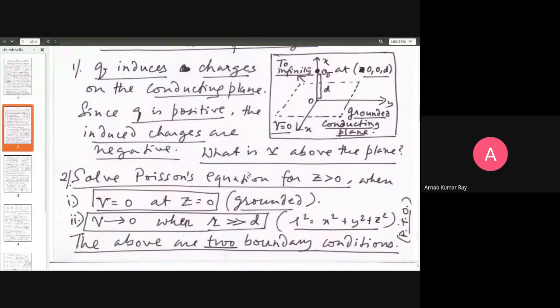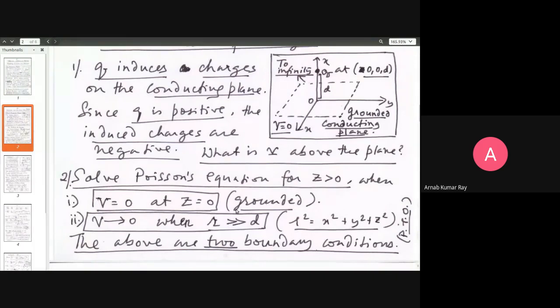See, if you have to solve Poisson's equation, which is a second order differential equation, you must require two boundary conditions along the z direction. So you have the conductor on the xy plane, and the conductor which is placed there is grounded. Grounded meaning zero potential. So V is equal to 0 at z equal to 0.